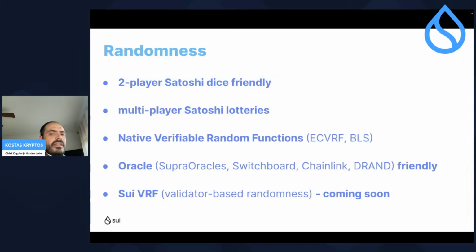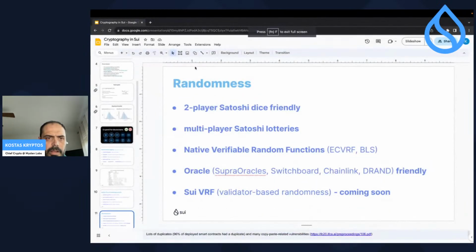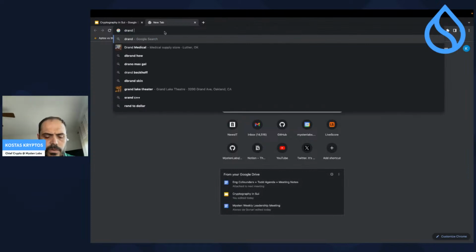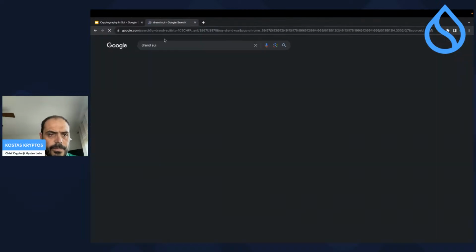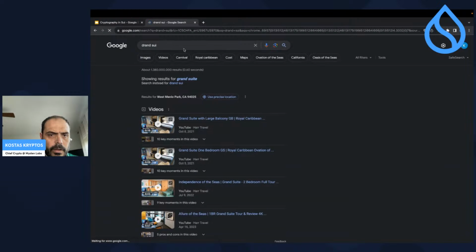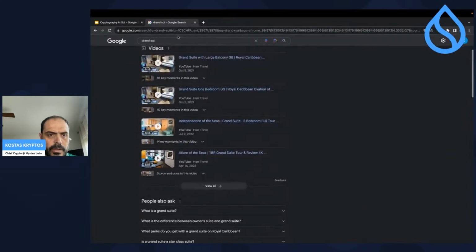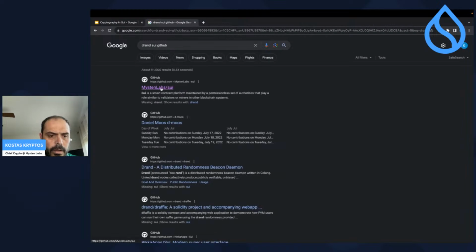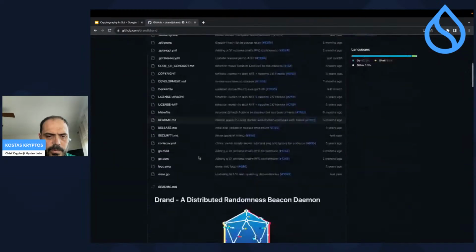Because the DRAND one is very interesting. If you go to your DRAND SUI, a moment, GitHub. Okay, so let's see what DRAND is, by the way, because this is the most important stuff here.